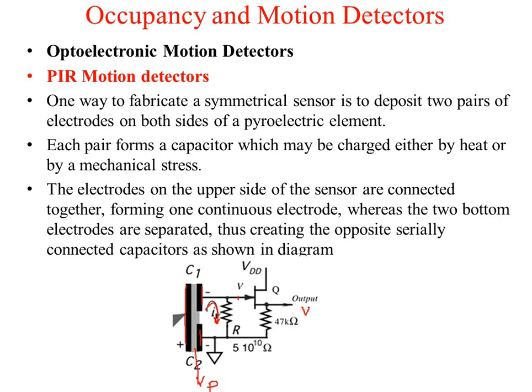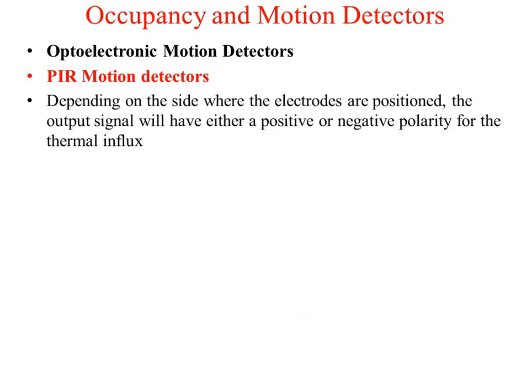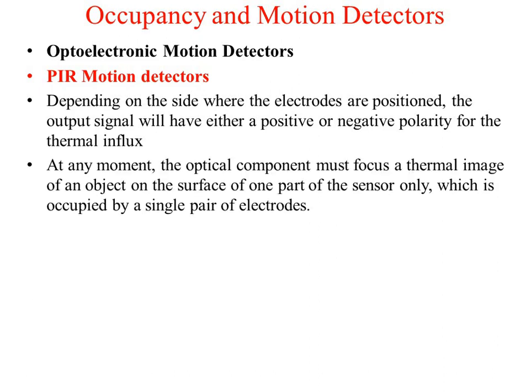Okay, so this is the simple connection, and this is exactly how the pyroelectric material is connected. Depending on which side the electrodes are positioned, the output signal has either a positive or negative polarity for a thermal flux.